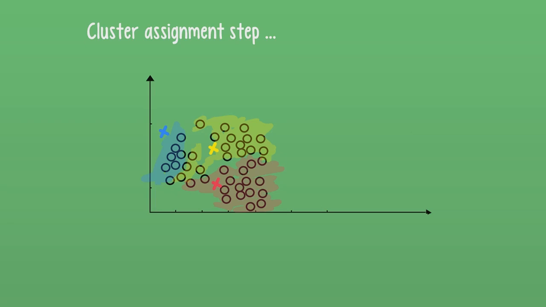Then we do the cluster assignment step, which is assigning each data point to the closest centroid. For example, these data points are close to the blue centroid, so we assign them to the blue. These data points are close to the yellow centroid, and these data points here, the red, are close to the red centroid.